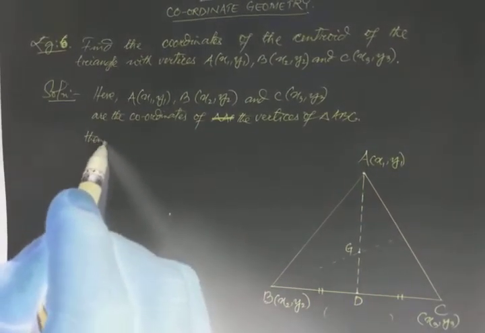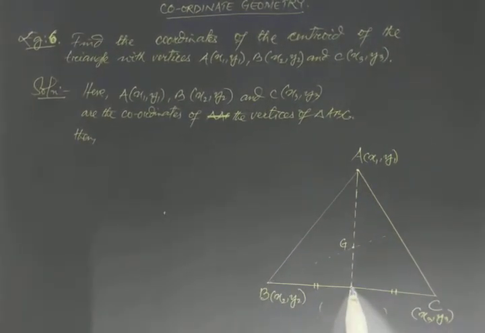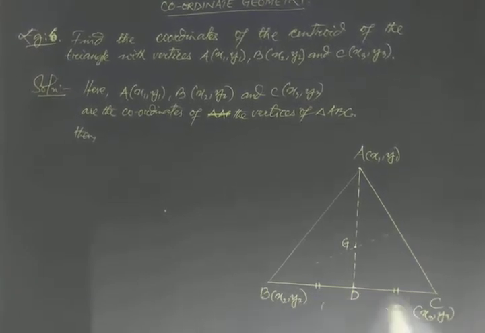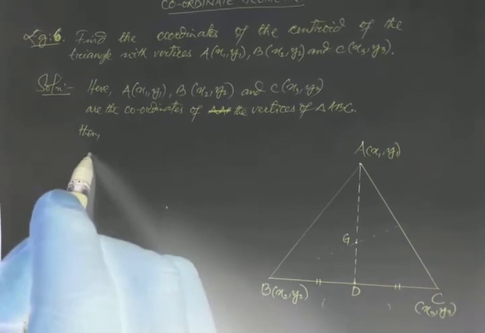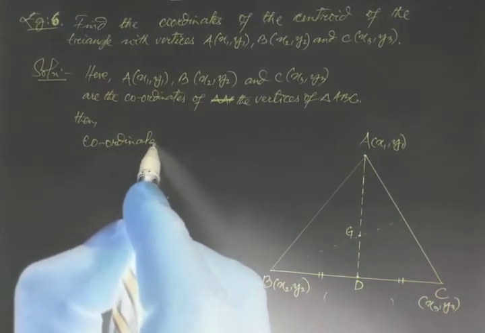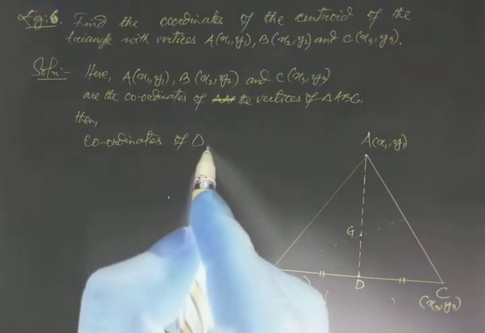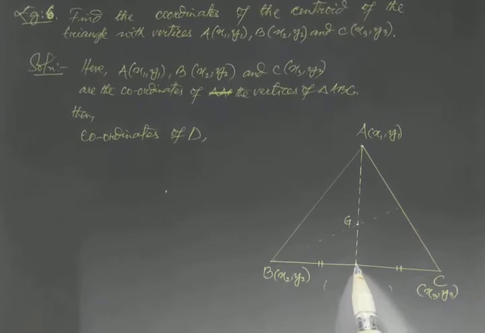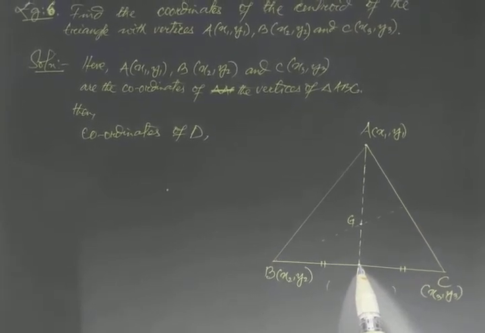Then, as we said, first let us find the coordinates of the point D, which is the midpoint of BC. The coordinates of D, the midpoint of BC, will be given by the midpoint formula, that is (x1 plus x2) by 2.